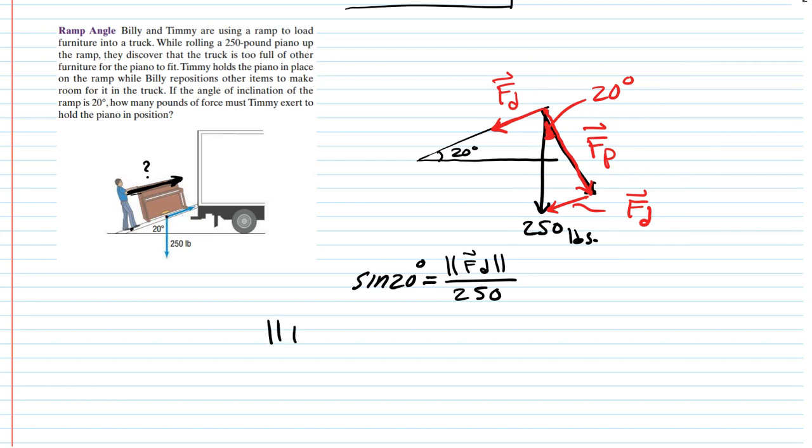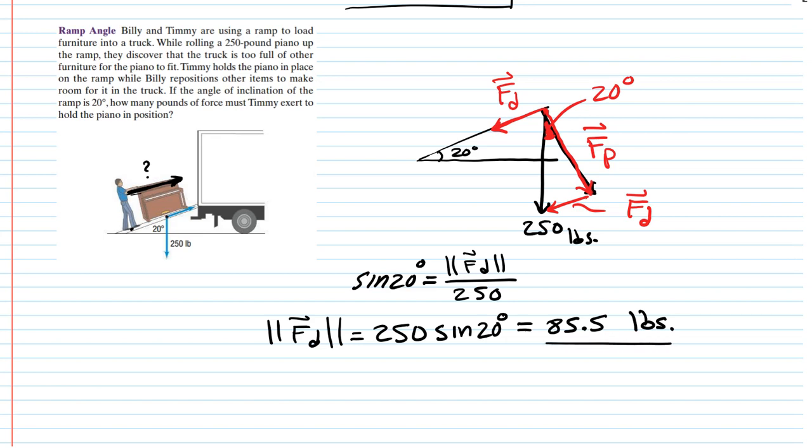From this, the magnitude of the force downhill is equal to 250 times sine of 20 degrees. This should give you about 85 and a half, not degrees, sorry, pounds. That is the force that Timmy must exert to hold the piano in position. The answer is 85.5 pounds.